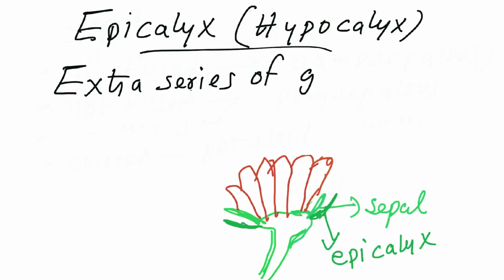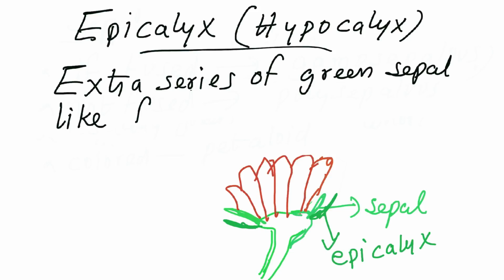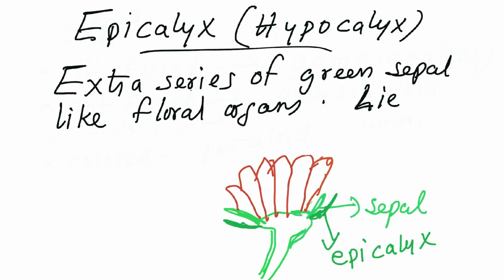The important point to note is that it develops outside of the sepal. In fact, it covers the sepal. So it's an extra series of green sepal-like floral organs, and it lies outside of the calyx.